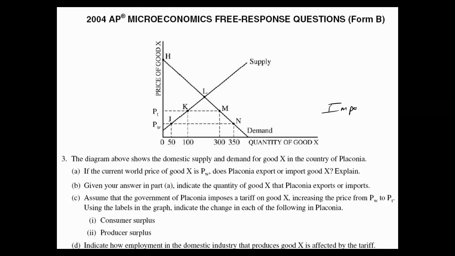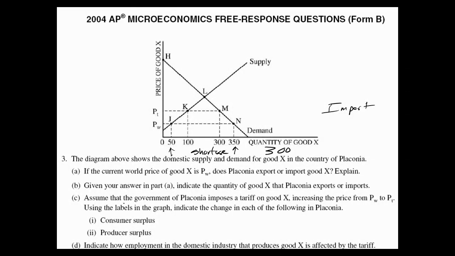Why? If we're at this world price, what do we demand domestically? We demand 350 domestically, but we're only supplying 50. So we have a shortage. Therefore, we're going to import that shortage of 300 goods. It says, given your answer in part A, indicate the quantity that would be imported or exported, which I've done.